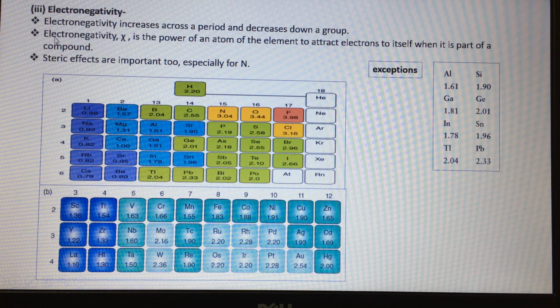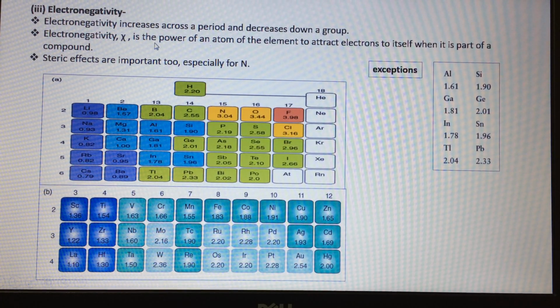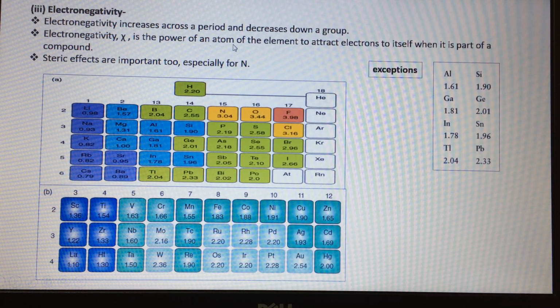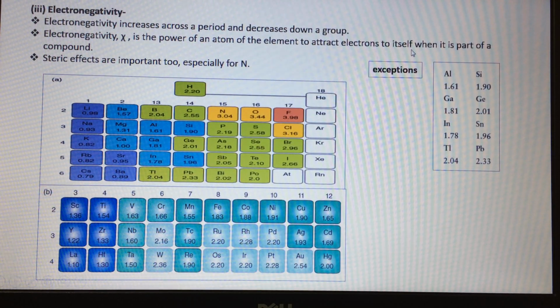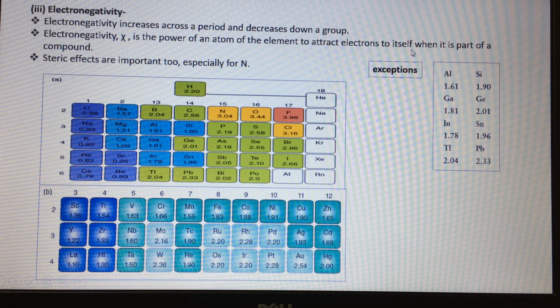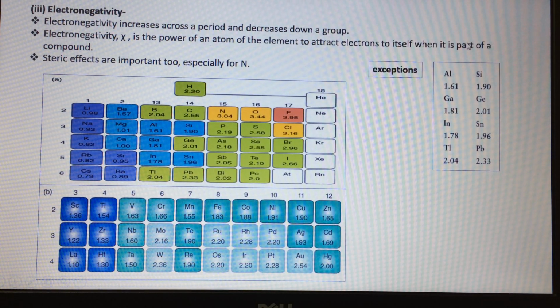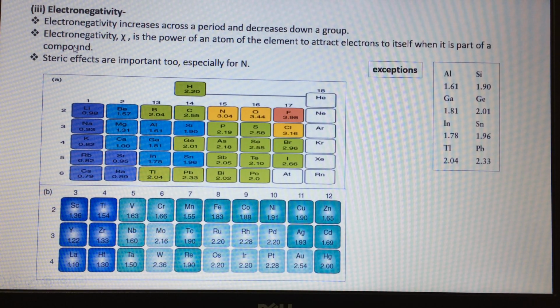Electronegativity, denoted by chi, is the power of an atom of an element to attract electrons to itself when it is part of a compound.